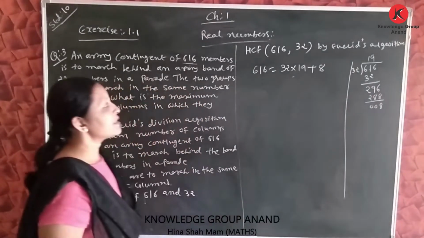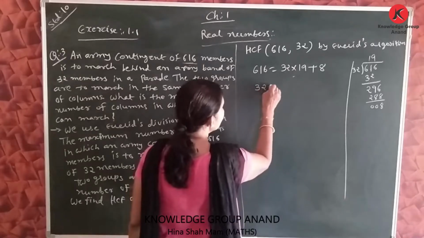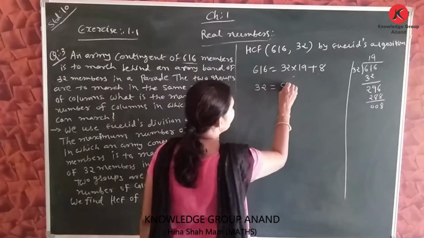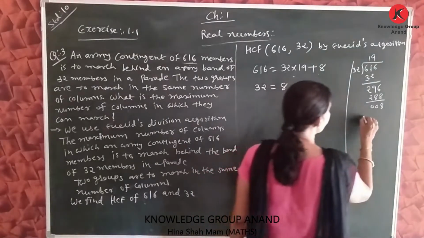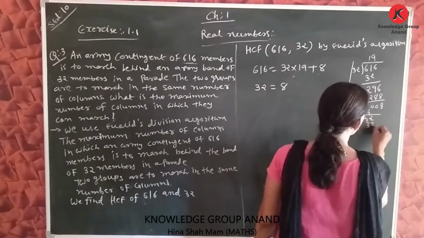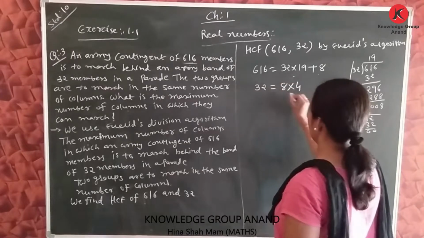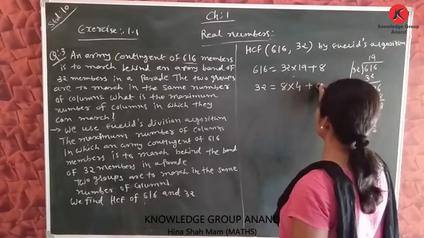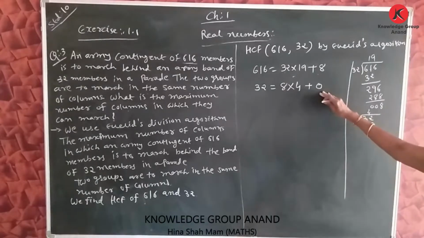Now the divisor 32 is divided by the remainder 8. 8 fours are 32, so the remainder becomes 0. Therefore our procedure stops.